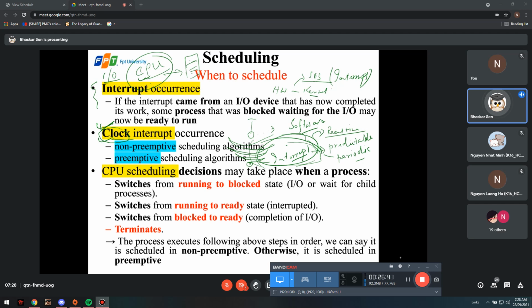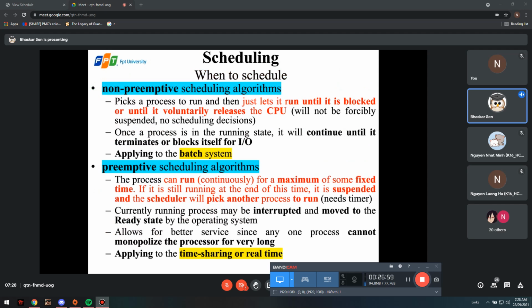Then finally, the CPU switching: running to block, running to ready, block to ready, and terminate. So these are the things where and when we need to schedule. Clear? I've tried my best to highlight those things.